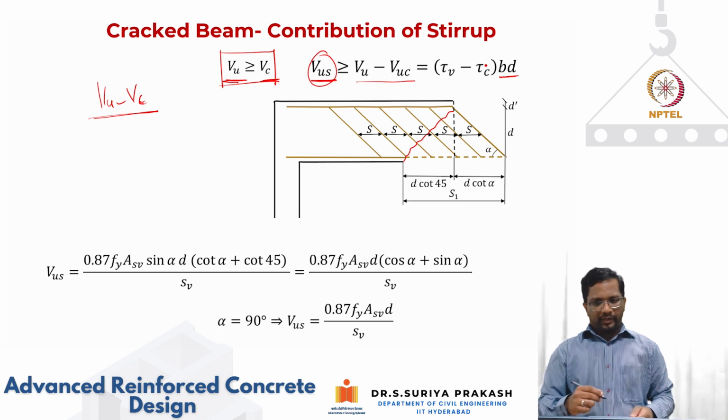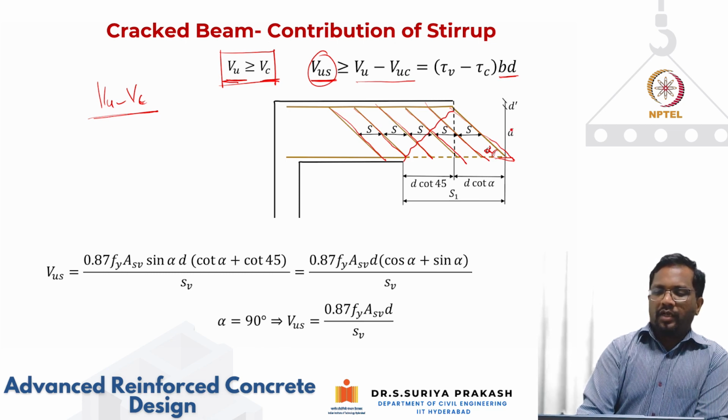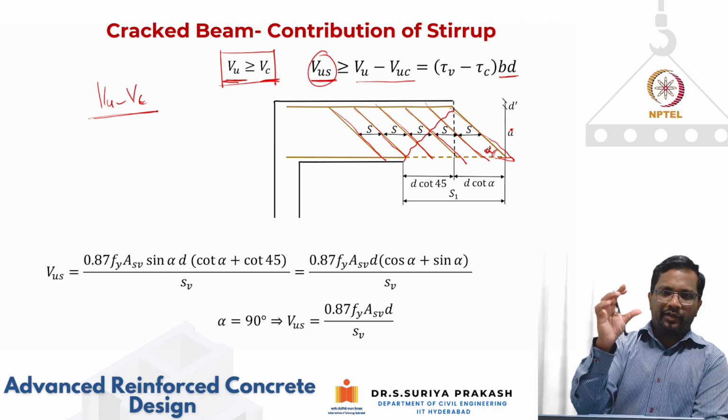Now let's take a generic case of an inclined stirrup like this, which are spaced at a distance of s. I am assuming that with respect to horizontal, these stirrups are making an angle alpha. And we also know that in shear, you're going to have a 45-degree crack right at the middle.